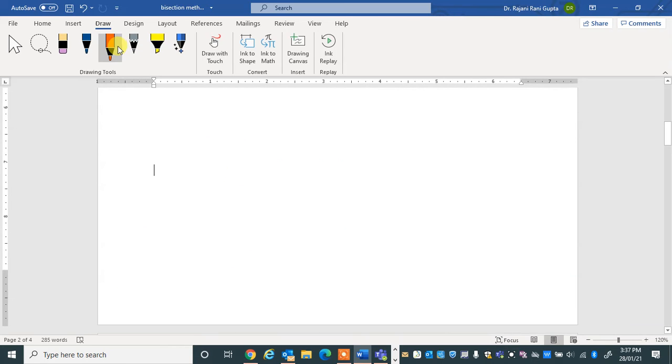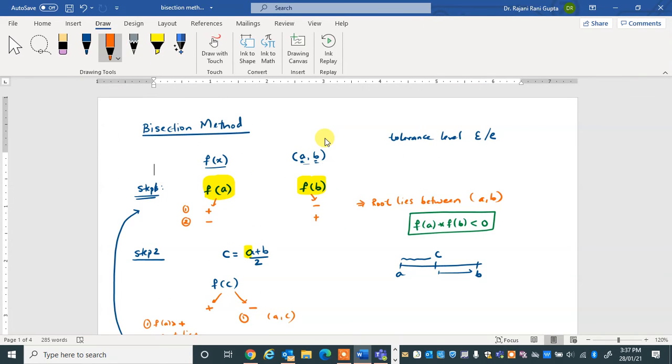The next thing is to check whether the sign is the same or different. So sign is either less than 0 or it can be greater than 0. So we can even use FA star FB greater than 0. If it is greater than 0, what does it mean?